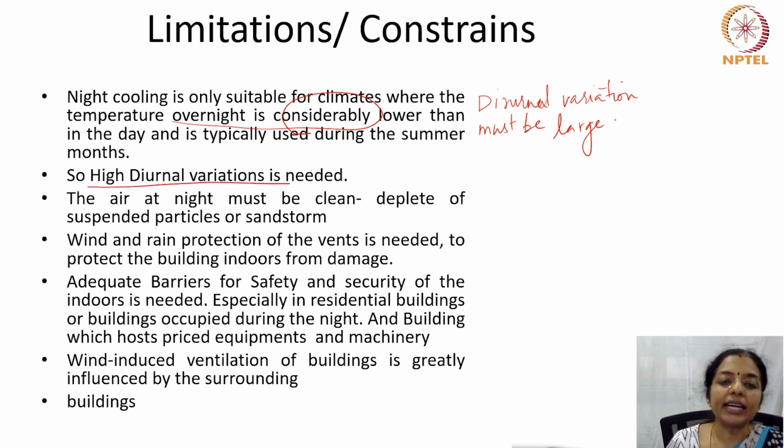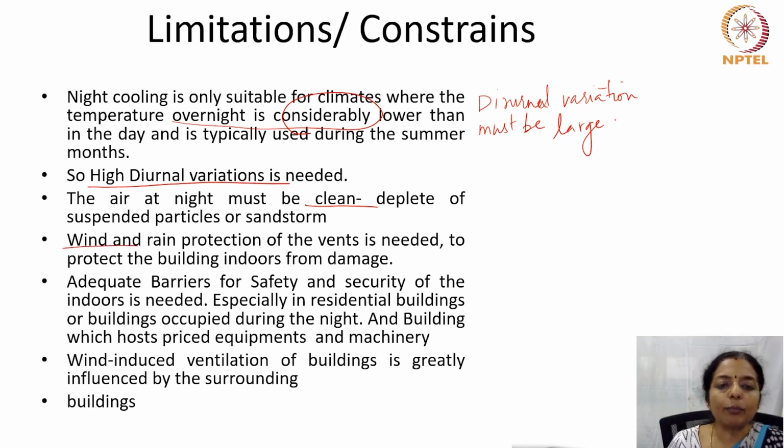The air at night must be clean. That is, there should not be a place where there is sandstorm or a lot of suspended particles. Then if you open the window, all the sand and the suspended particles will come in, making the people unhealthy.